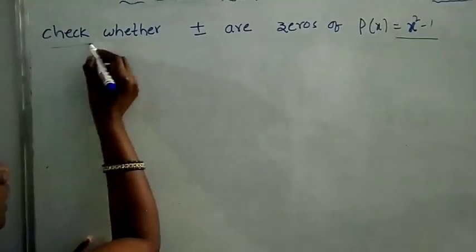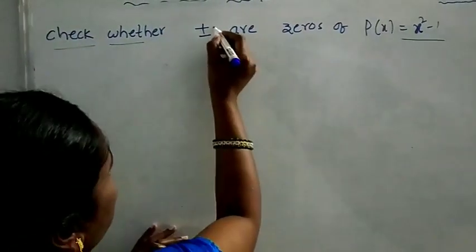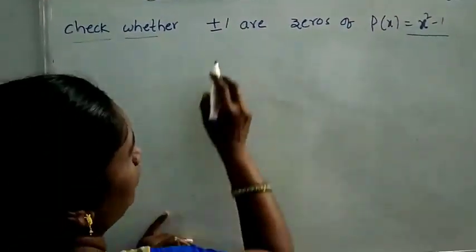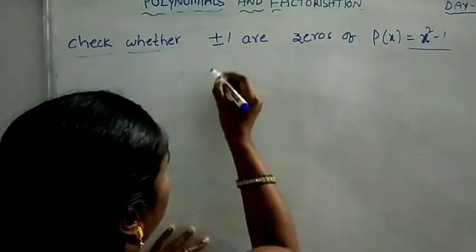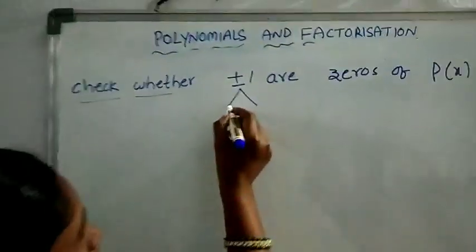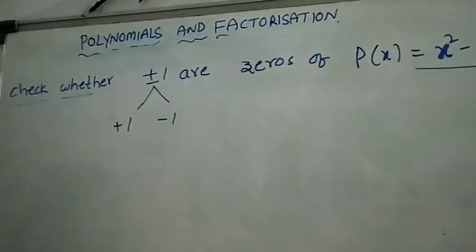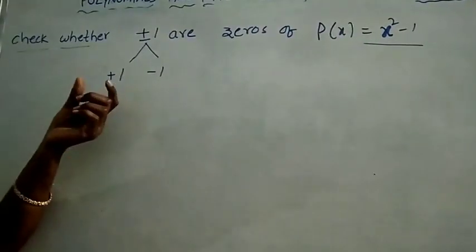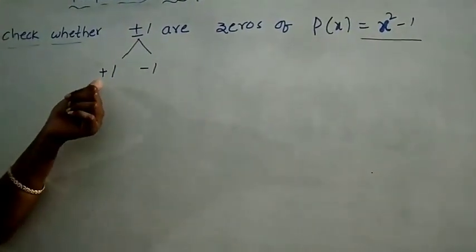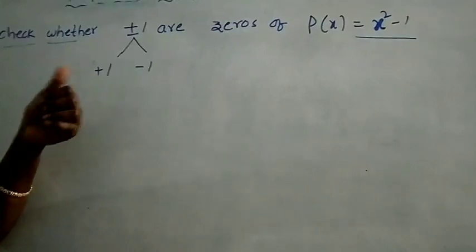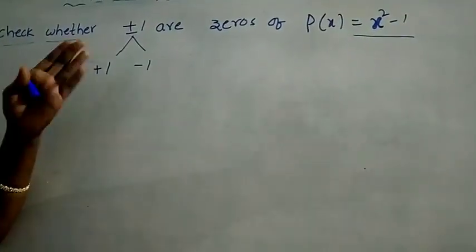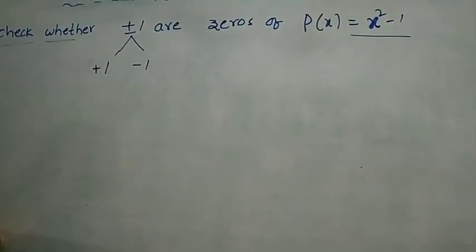We have to check whether the given values plus or minus 1 are zeros or not. Plus or minus 1 means it has two values, plus 1 and minus 1. So how do we check this? If we find the value p of 1, it should be 0.